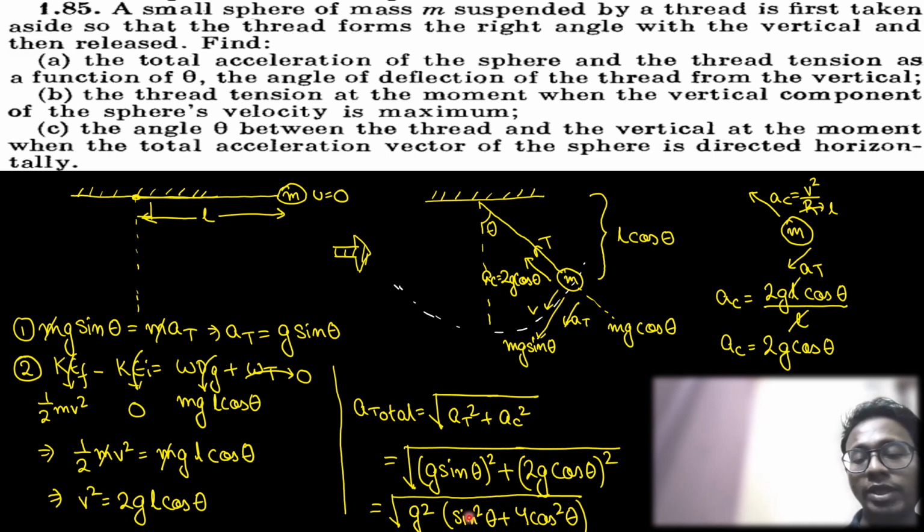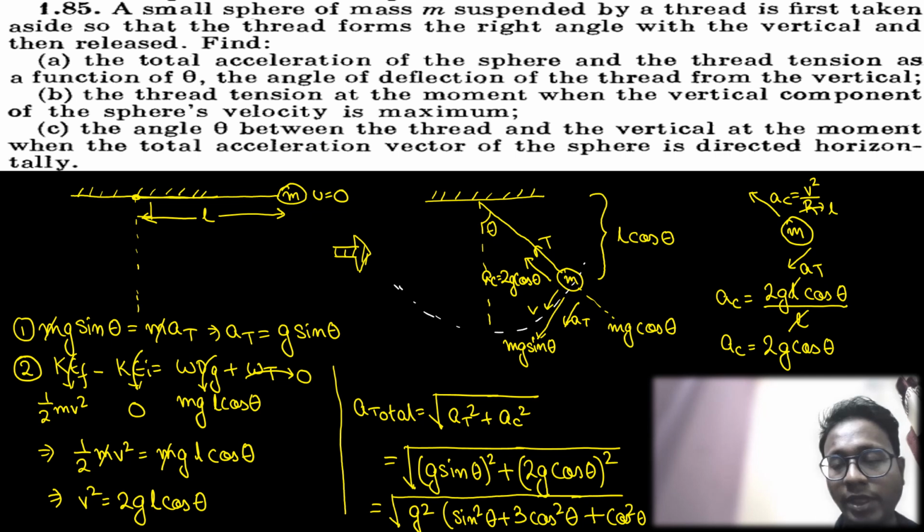This 4 cos square theta can be written as cos square theta plus 3 cos square theta.